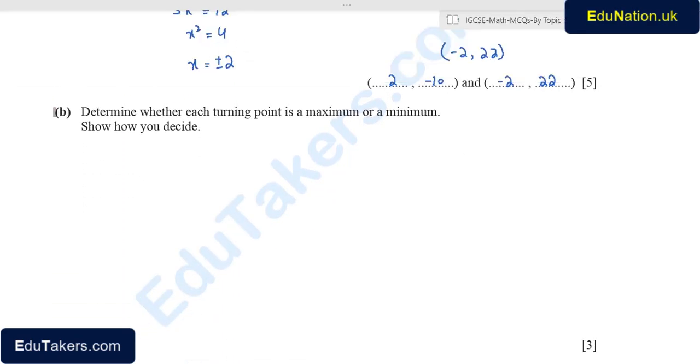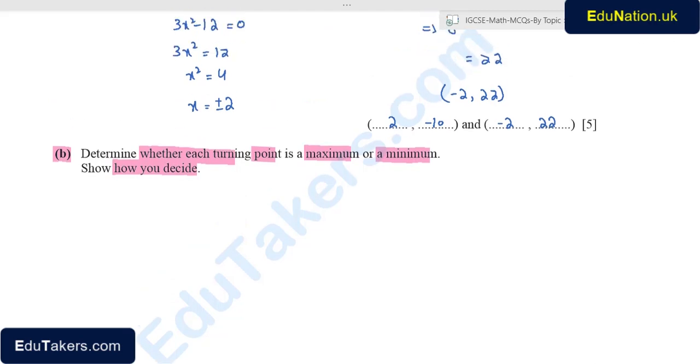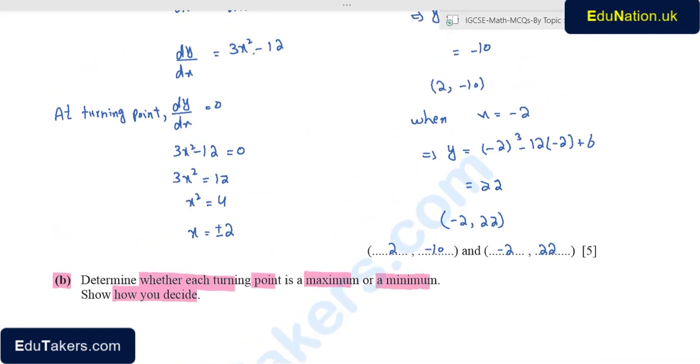Its B part is determine whether each turning point is a maximum or a minimum and show how you decide. And we will decide it by using second derivative test. First derivative is 3x square minus 12. We will take second derivative, d square y over dx square.